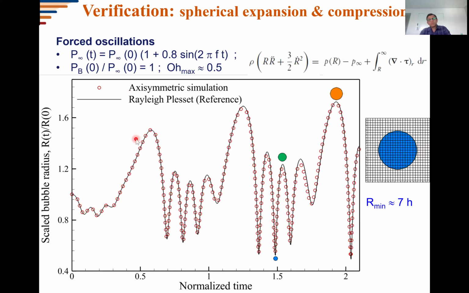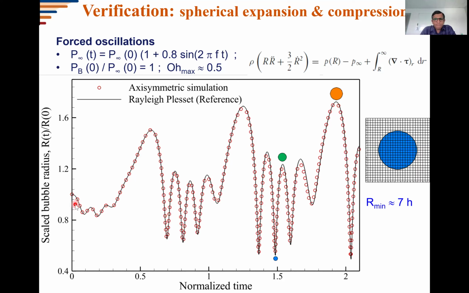One can also do something like a forced oscillation, where you initially have a bubble at equilibrium, and then there's a sinusoidal pressure perturbation applied on this bubble. As this perturbation is applied, the bubble grows and undergoes collapse, and the characteristics of the perturbation determine what kind of growth and collapse cycles the bubble will see. So this particular example is what is referred to as a giant collapse regime, where because the bubble is driven close to its resonance frequency, it undergoes significant size change.